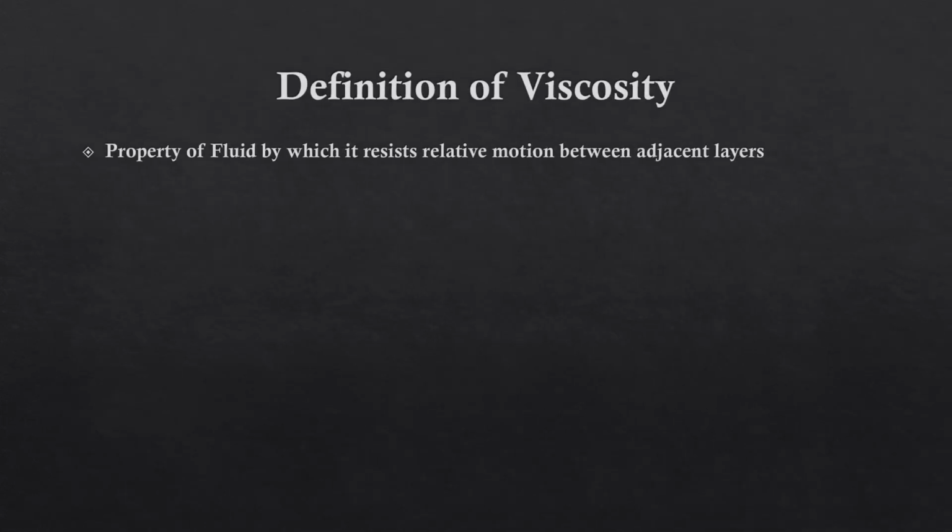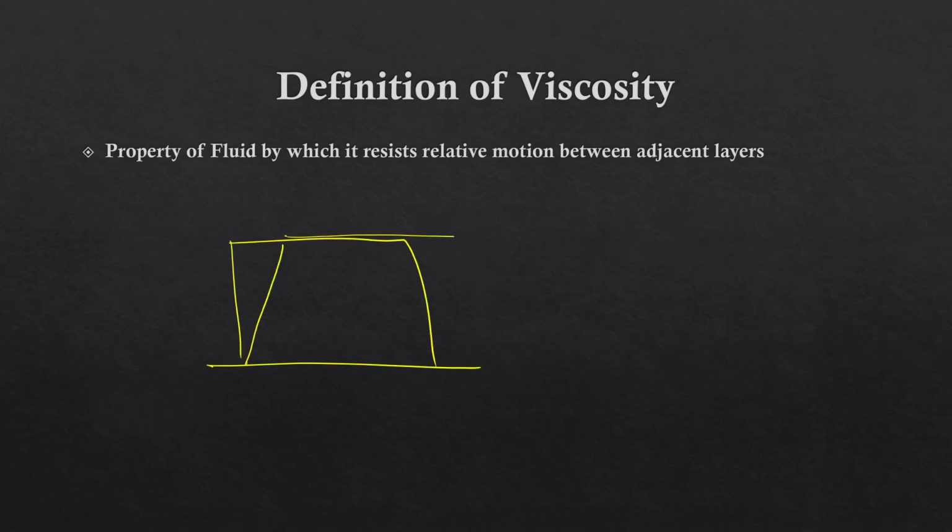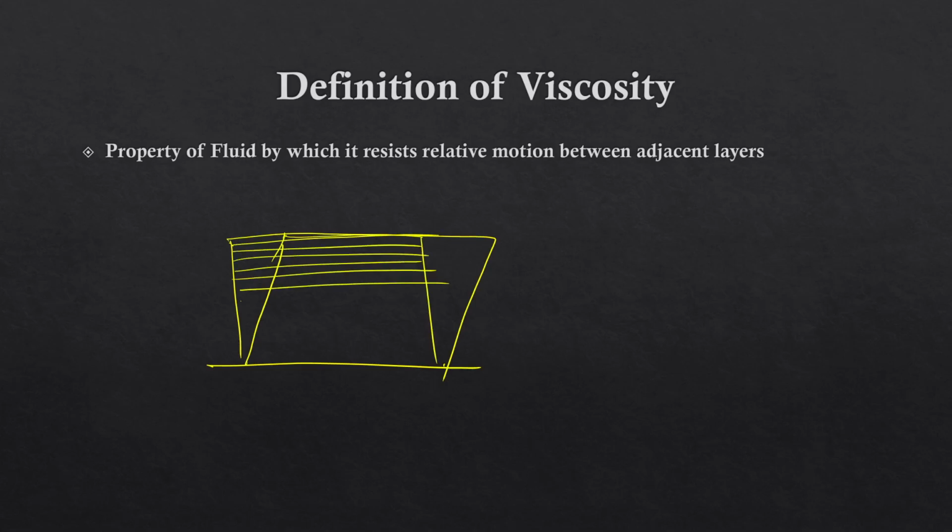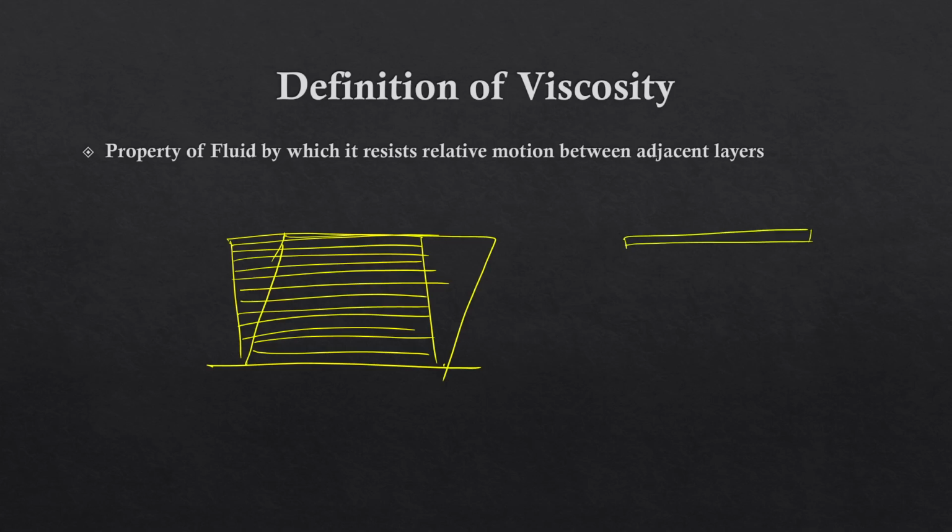So if we want to find a definition of viscosity, then we can say that it is the property of fluid by which it will resist relative motion between adjacent layers. Means if we consider this element which is deforming like this, then we can say that if it is composed of different layers like this, then all these layers are moving at different velocities.